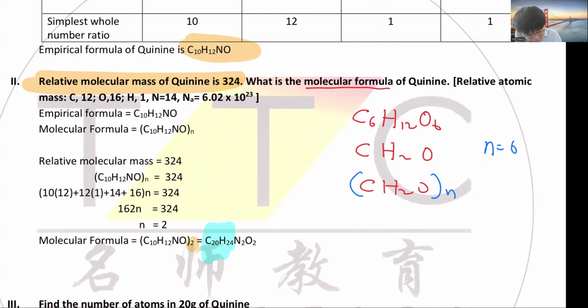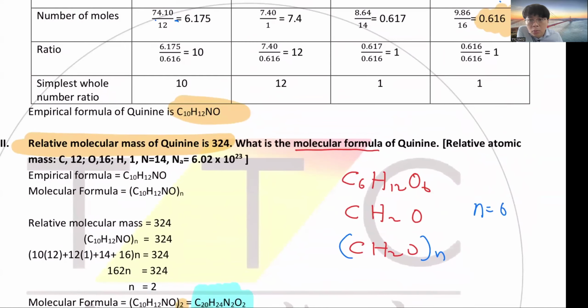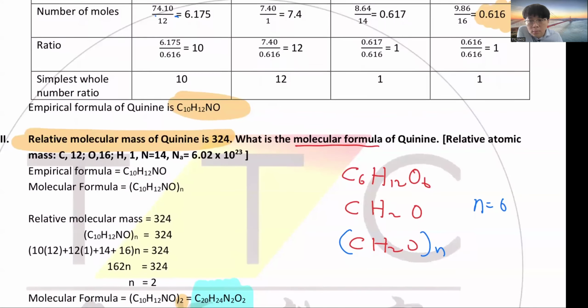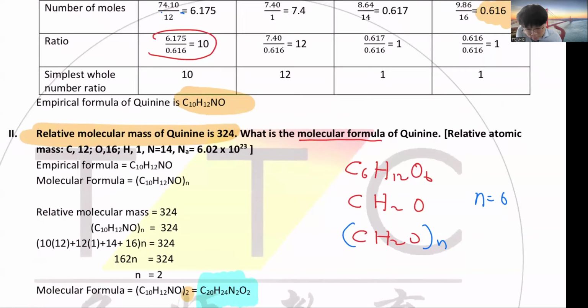You get this. I get 1. This one get 10. We got 8.64.